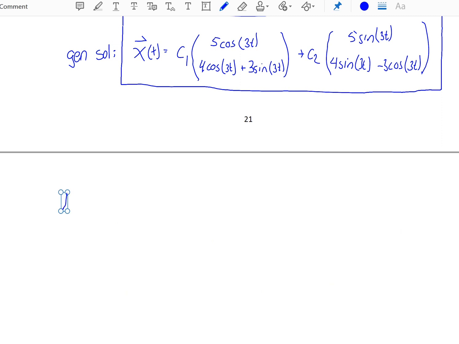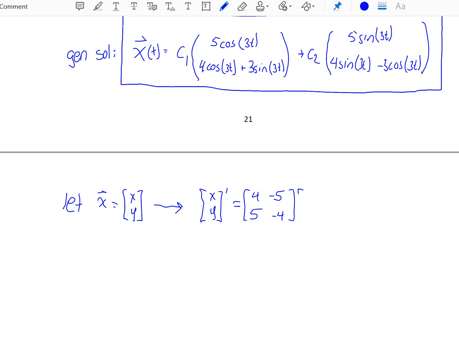So here, if we let our vector x be the vector with components x, y, then our system of equations looks like x, y, prime equals our matrix times our x vector.